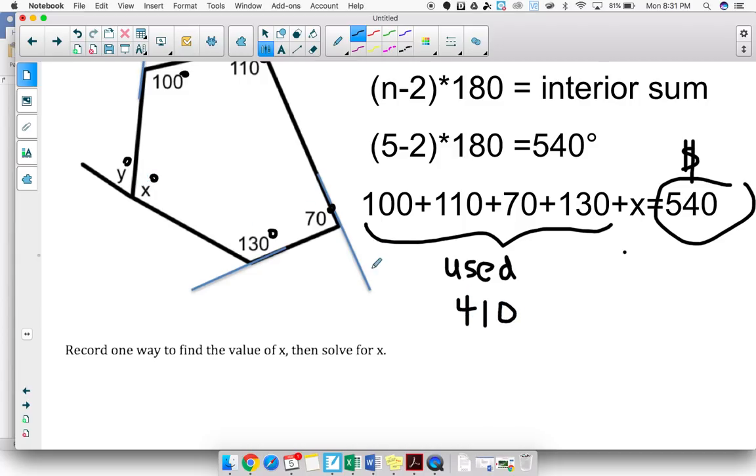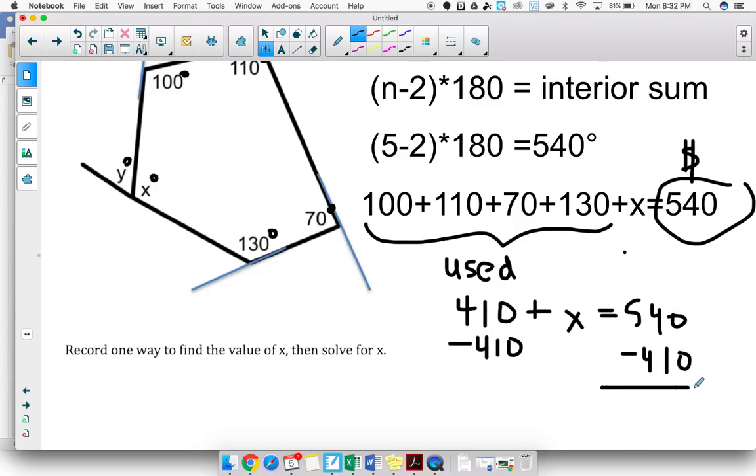And then X, this interior angle, has to make it add up to 540. That's a pretty easy algebra problem. We can just subtract out how much we've used and see what's left over. That's 130.